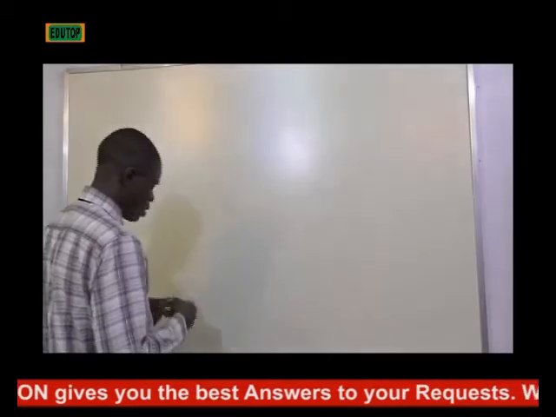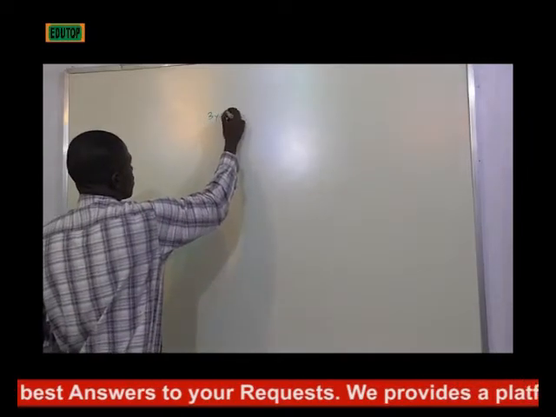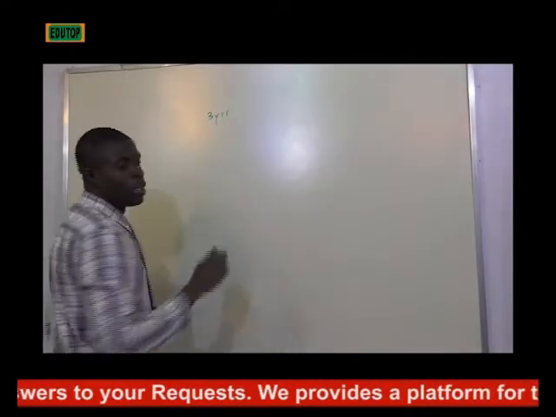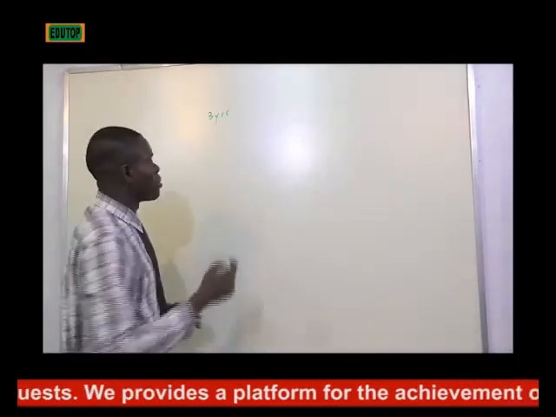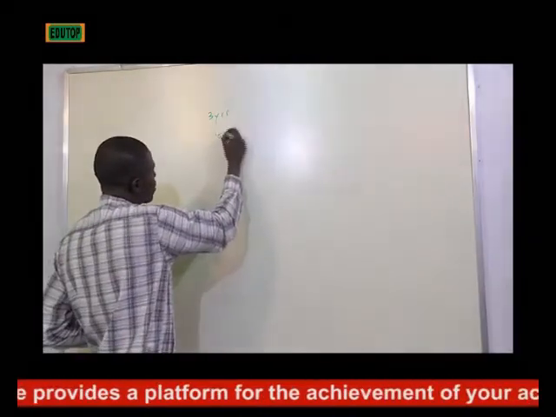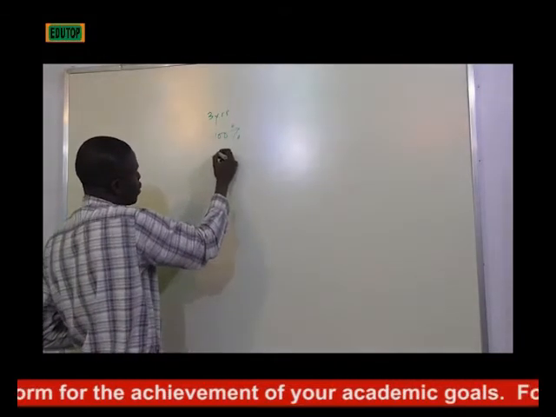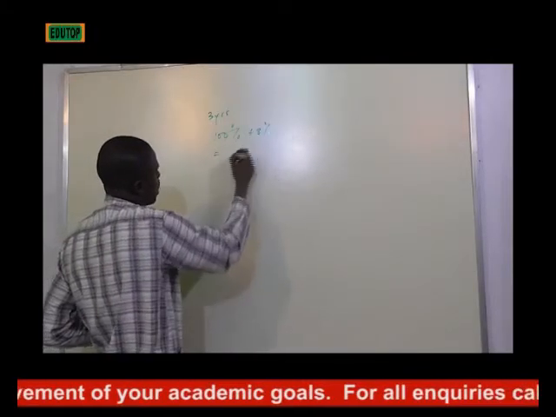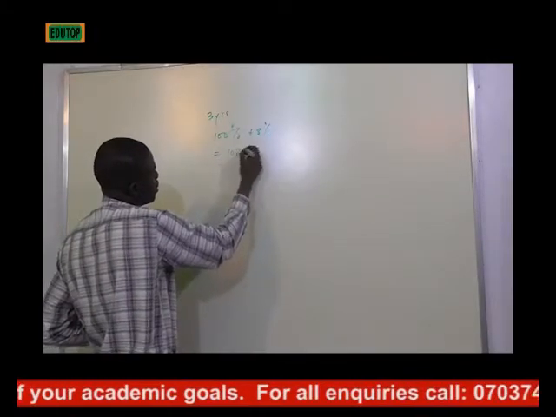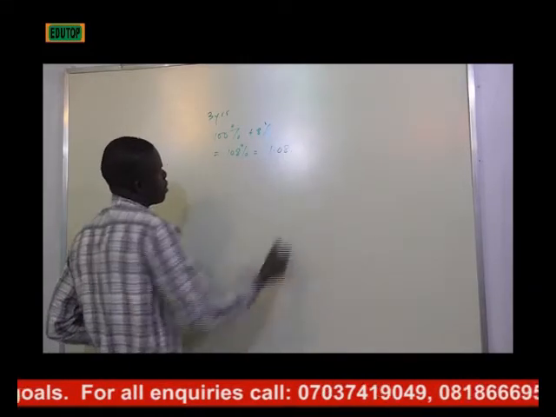Here, since you have 3 years involved, and it has been given that it is 8% per annum, since the ideal is 100%, then plus 8% gives 108%, which is the same thing as 1.08.